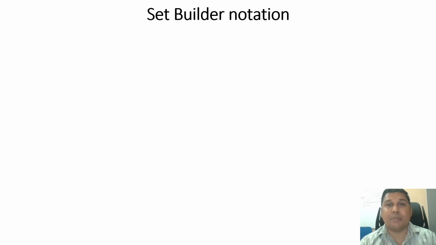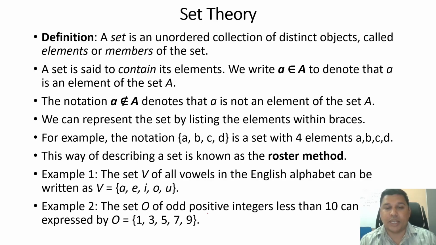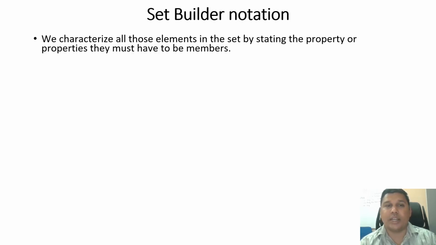Let's see what is set builder notation. These two examples are roster methods. But there is another way which we use mostly in theoretical computer science or theoretical mathematics: the set builder notation. Let's see how we write that.